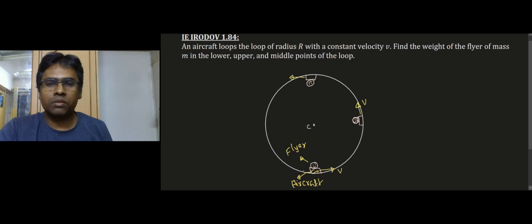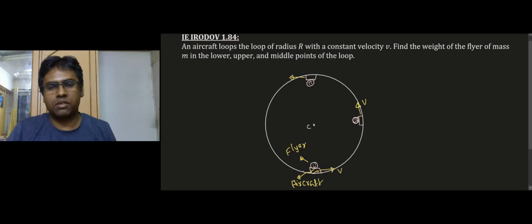Now, because the aircraft is moving along a circle, the net force acting towards the center of the circle provides the necessary centripetal force. So if I take a look at the lowermost point, what forces are acting on the flyer? So there is normal force.